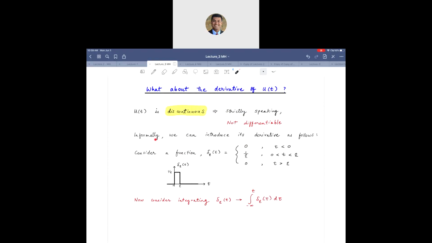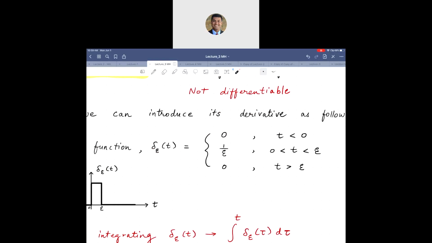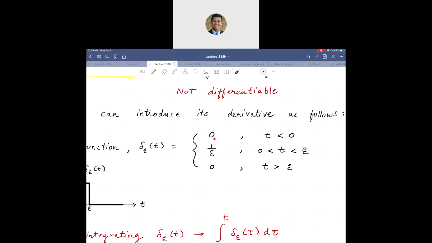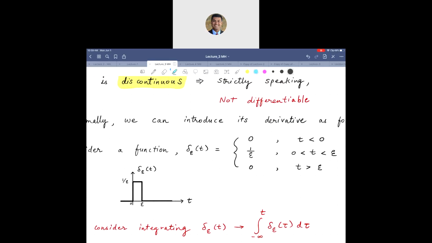So informally, what we are going to do is introduce another function. We will consider a function delta sub epsilon of t, which is defined in bracket notation as 0 for time less than 0. It is 1 over epsilon for time between 0 and epsilon.